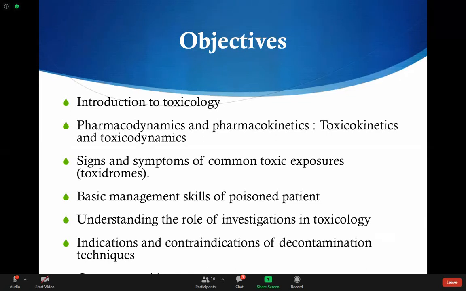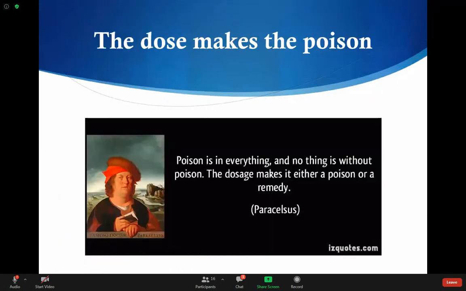What investigations we need to do when we are seeing a patient with suspected intoxication or overdose. Indications and contraindications for decontamination techniques, and we'll talk about what decontamination is, and then we'll speak shortly about common antidotes.